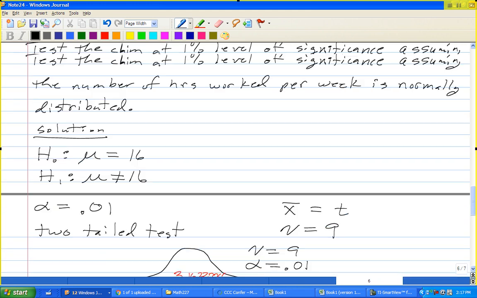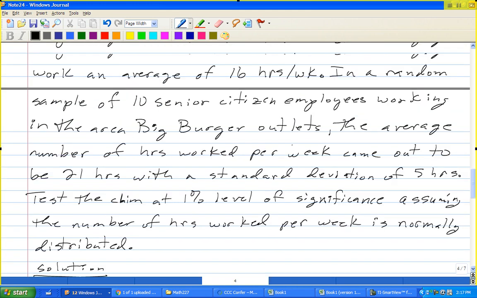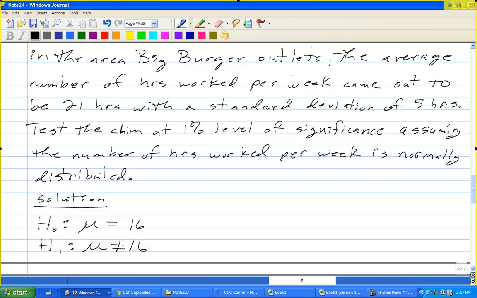So I didn't reject the fact that they were equal. And the claim is that they were equal.